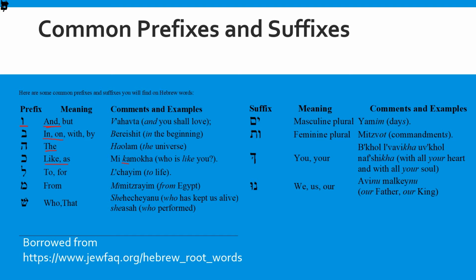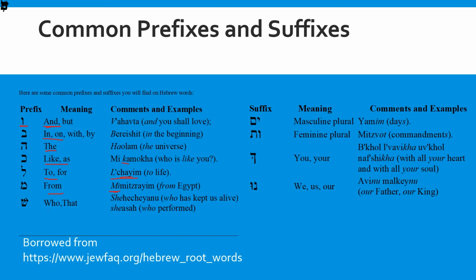See the ka here. When we add a lamed, it becomes to or for, as in l'chaim, which is a toast that we say sometimes, which means to life, l'chaim. You see the lamed, and then chai is the root word in the middle, to life. Mem means from, as in mi Mitzrayim, from Egypt.